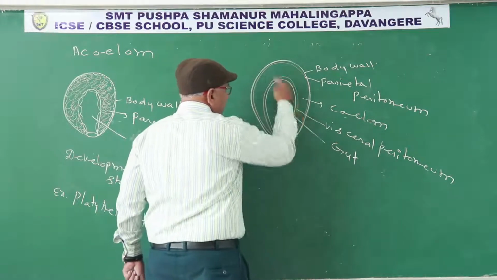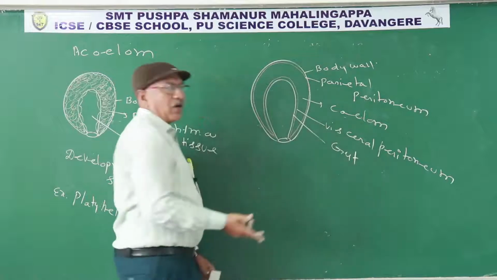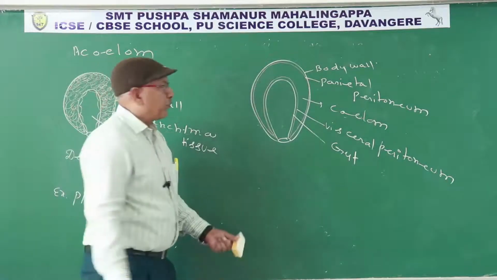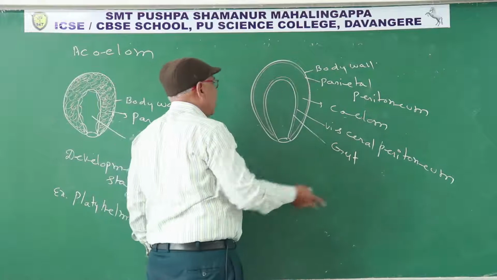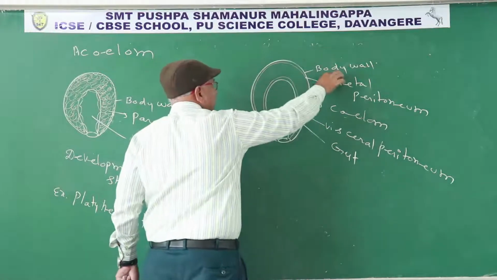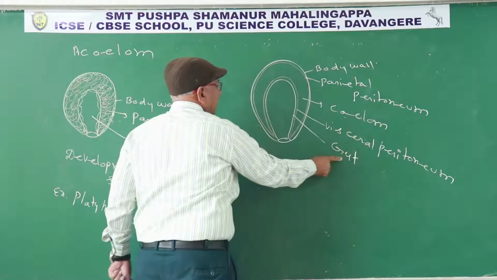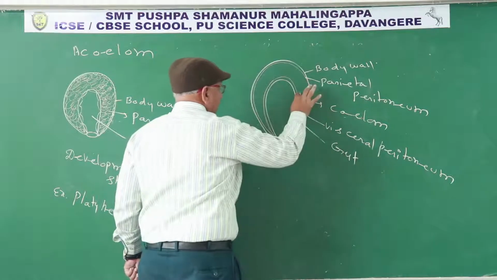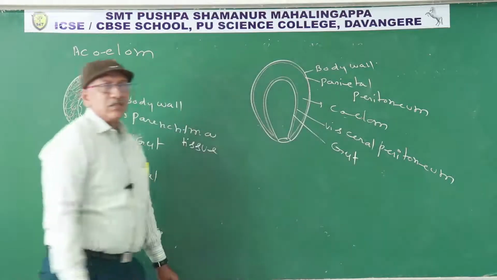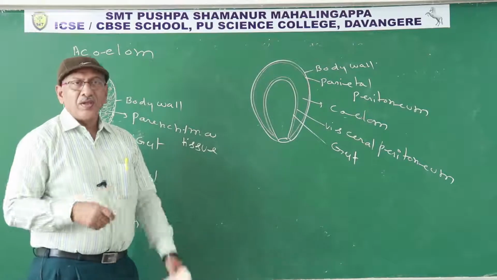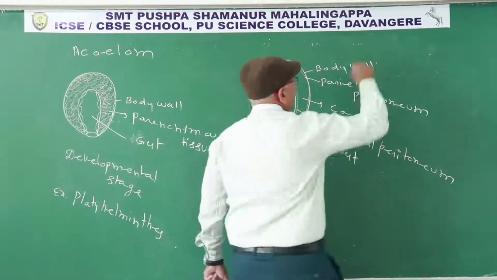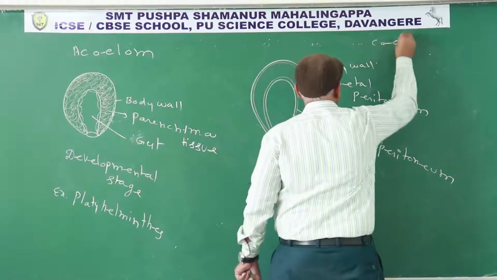Outer surface of alimentary canal is covered by visceral peritoneum. So once again, coelom. Cavity present between body wall and gut or alimentary canal lined by mesodermal layers is known as coelom. Animals having coelom are known as coelomates.